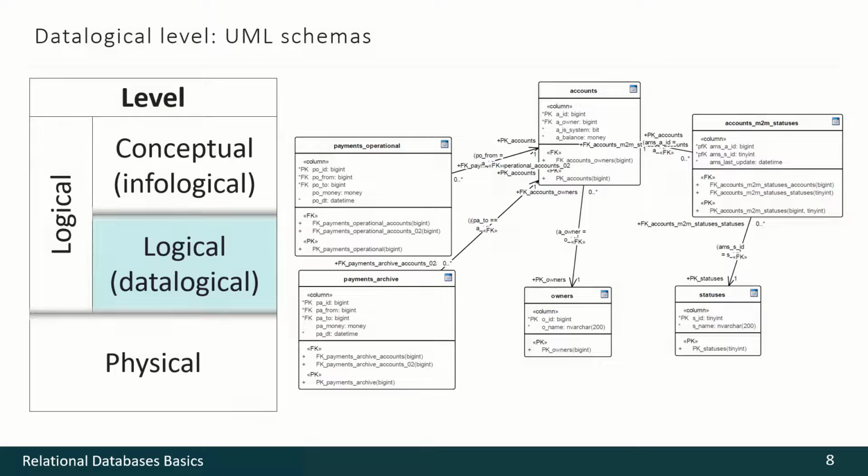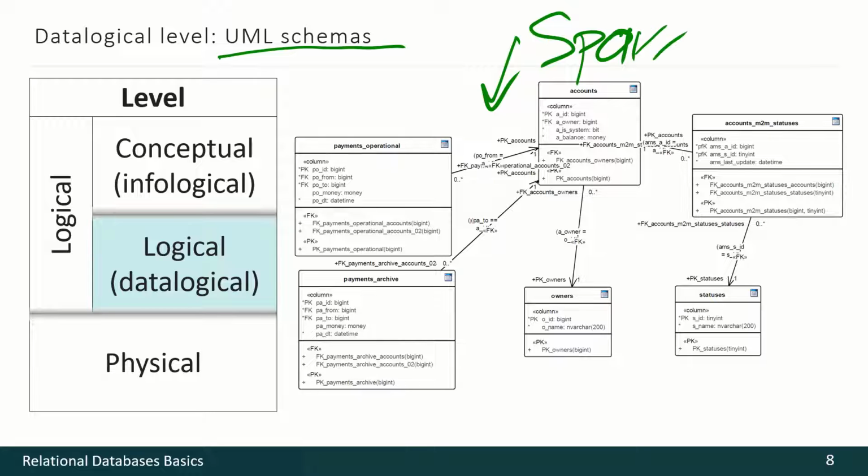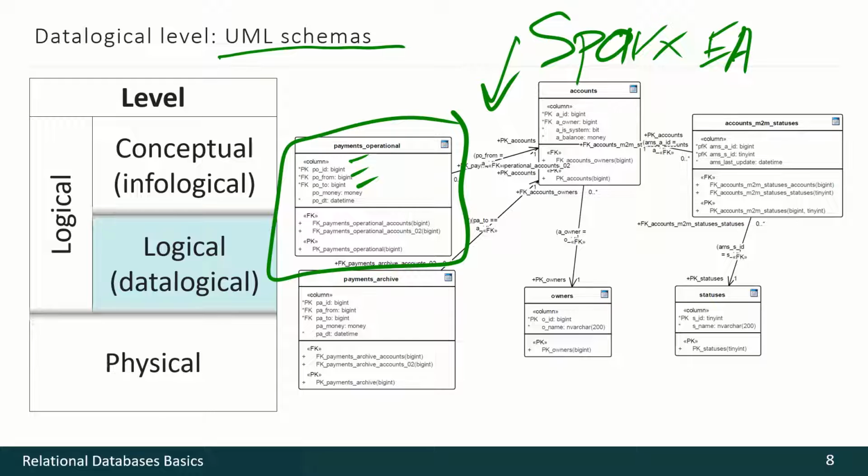The most common graphical approach here is UML once again. Here we see a schema that was created using such tool as Sparx Enterprise Architect. Here we see entities or database tables. We see attributes of those entities, some properties of those attributes, some operations DBMS should perform on the attributes.